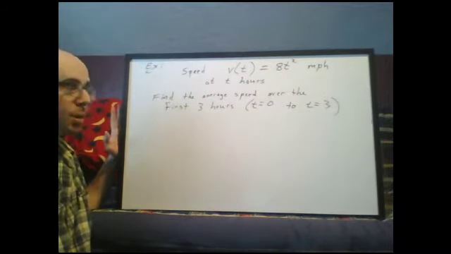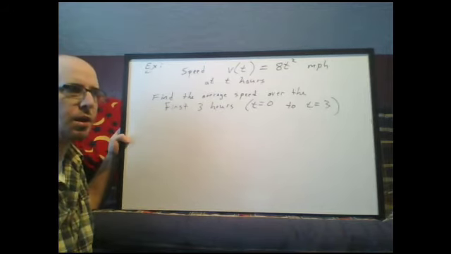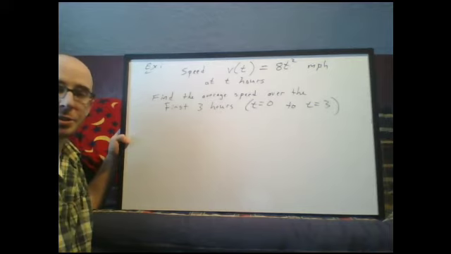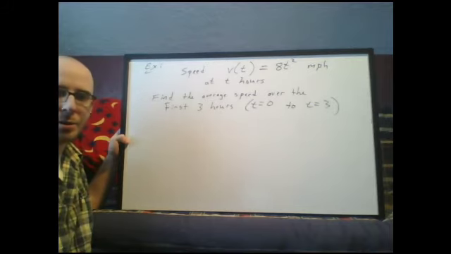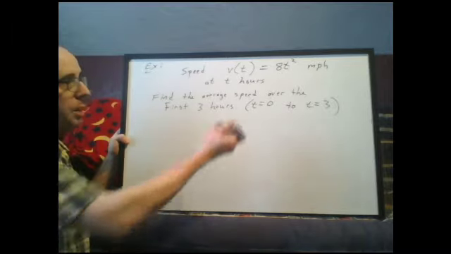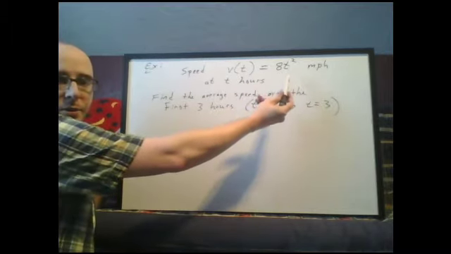Okay, so like we talked about at some point, average speed would be the total distance traveled divided by the time it took to travel there. So you'd want distance divided by time. I don't have distance, I have speed or velocity.